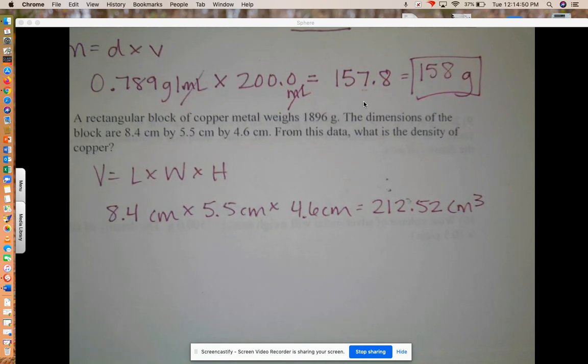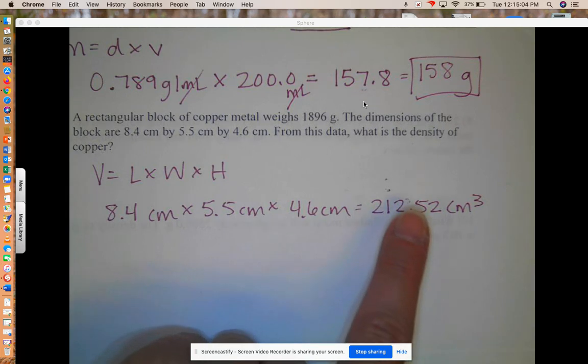I get this question a lot. If we have 2 problems in one, if you have to calculate volume before you find density, do you have to round in between? Meaning, these numbers are only 2 sig figs each. And if I round this to 2 sig figs, then that 212 is going to change to 210.